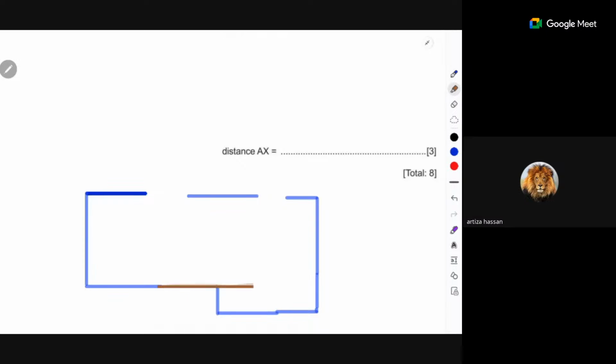What is the point here? The point is A. This is your point X, and let's say this is your point B. This battery is 12-volt, and this is the lamp.